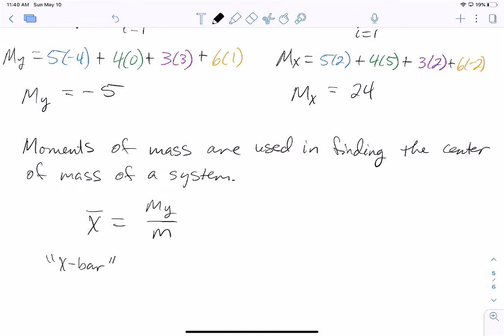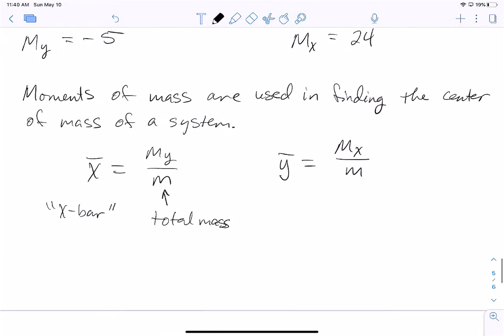Looks like x with a little hat on it. And m is the total mass. And y bar is equal to m sub x divided by m, the total mass. And the center of mass has coordinates x bar, y bar.